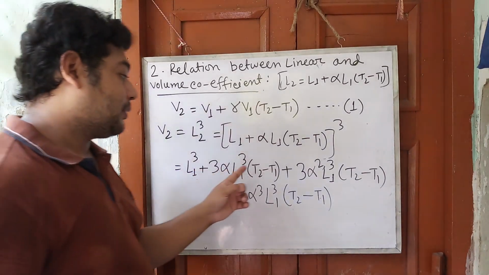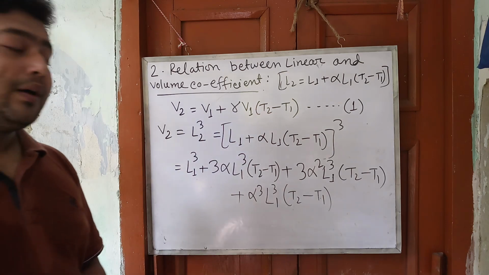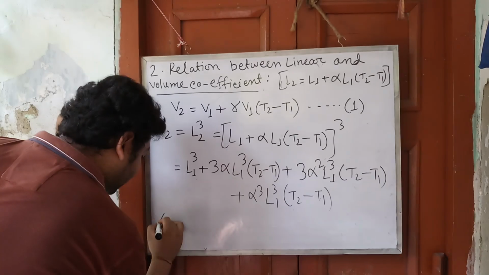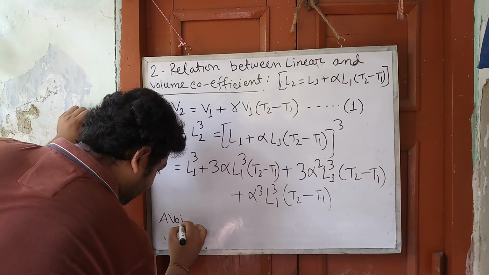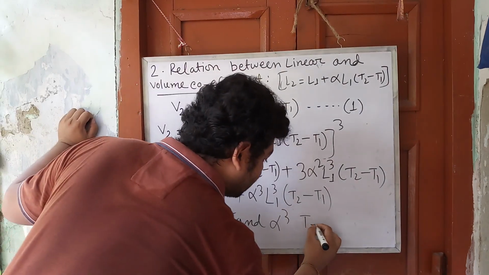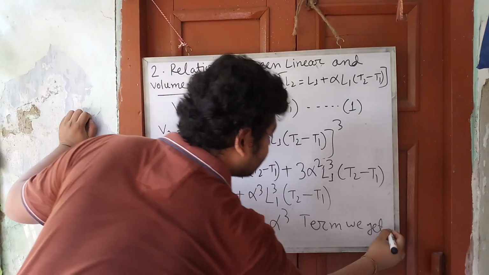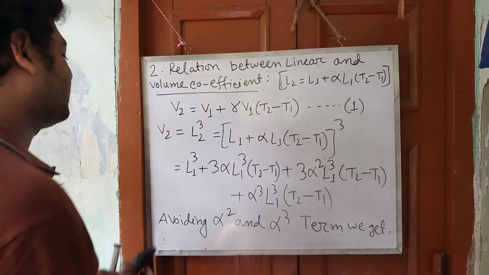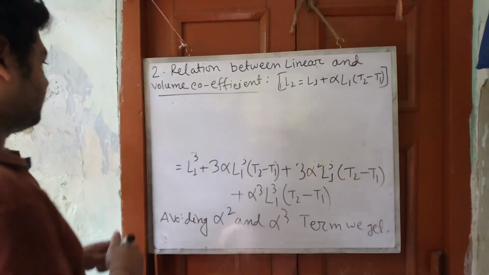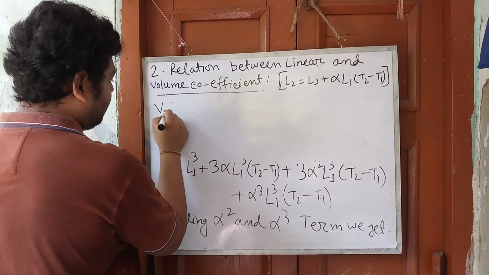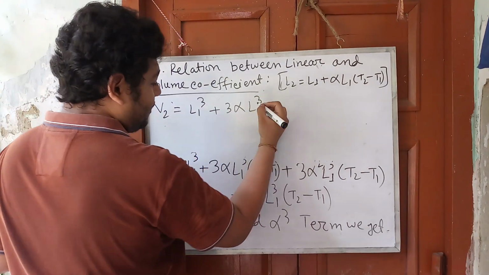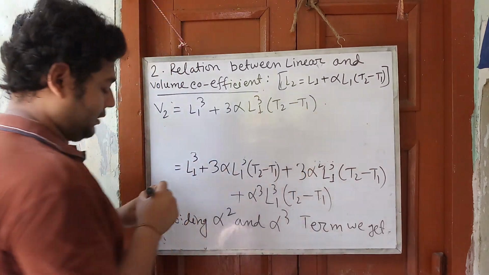So the terms alpha square and alpha cube will be very small. So avoiding alpha square and alpha cube terms we can write V2 as L1 cube plus thrice alpha L1 cube (T2 minus T1).